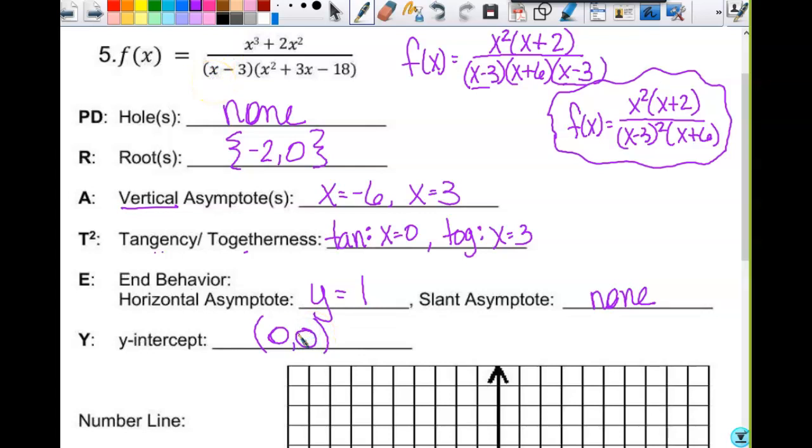Anytime you have an x-intercept that's 0, then your y-intercept is going to be 0 as well. All right, so then I'm going to rewrite this so I can see it when I scroll. F of x equals x squared times x plus 2 all over x minus 3 squared times x plus 6.